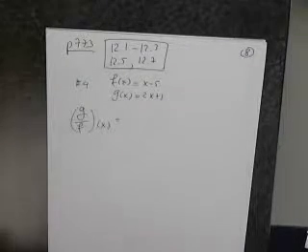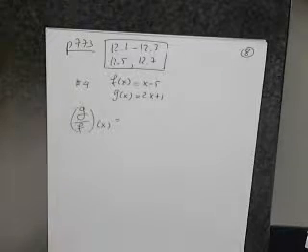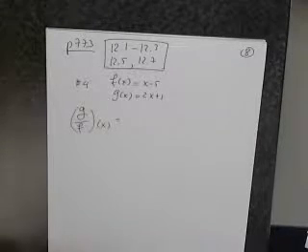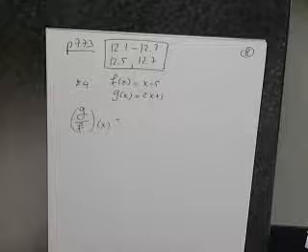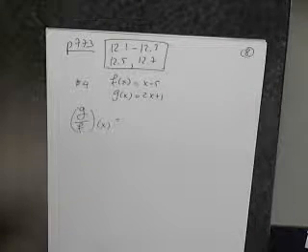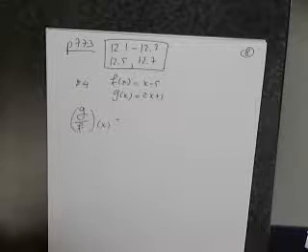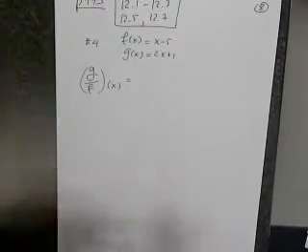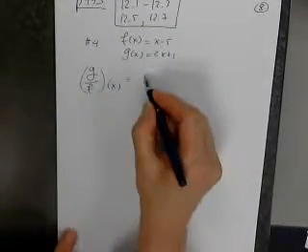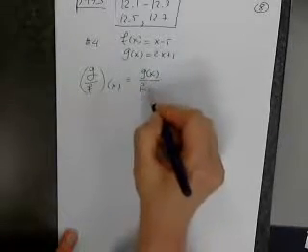How do I find g over f? I have to write the definition so I don't make a mistake. What is g over f equal to? G of x over f of x, right?